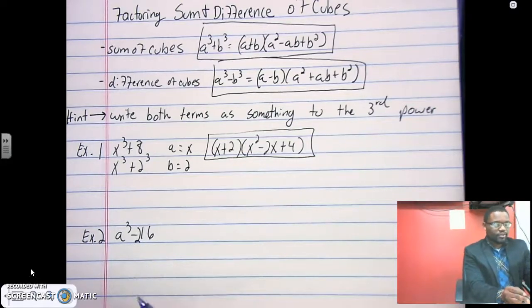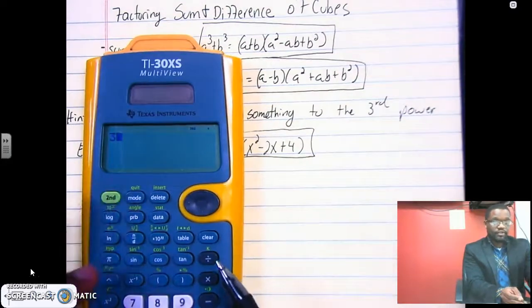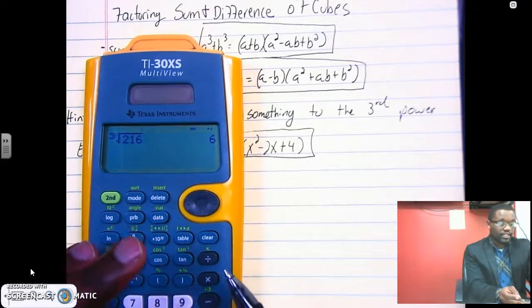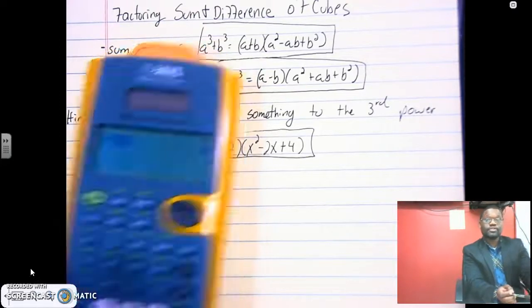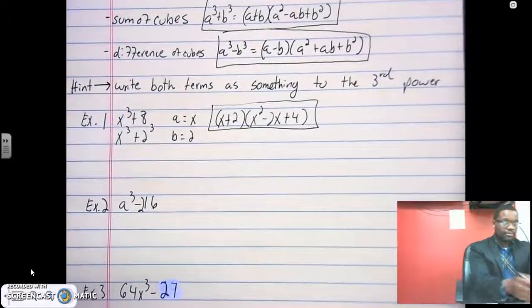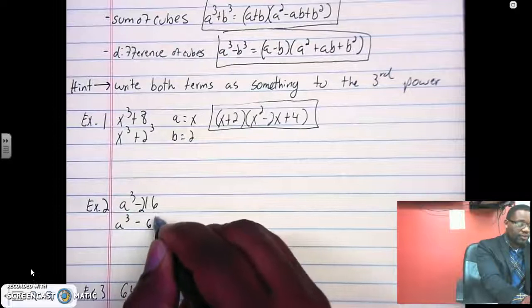So what I do is I grab my calculator, the cube root of 216 equals 6. So that means 6 to the third power is 216. So again, the idea is for you to be able to write everything in terms of something to the third power.